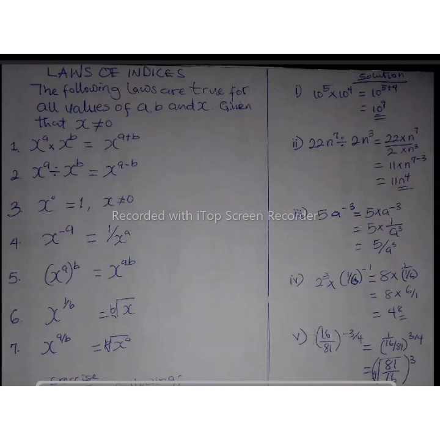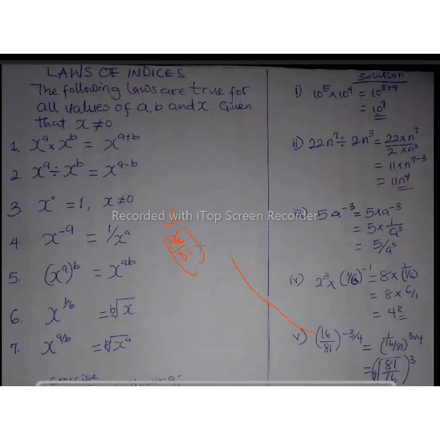This is 16 all over 81, everything put together, raised to power minus 3 over 4, which is the same thing as, by the application of the fourth law, 1 all over 16 over 81, put together into brackets.